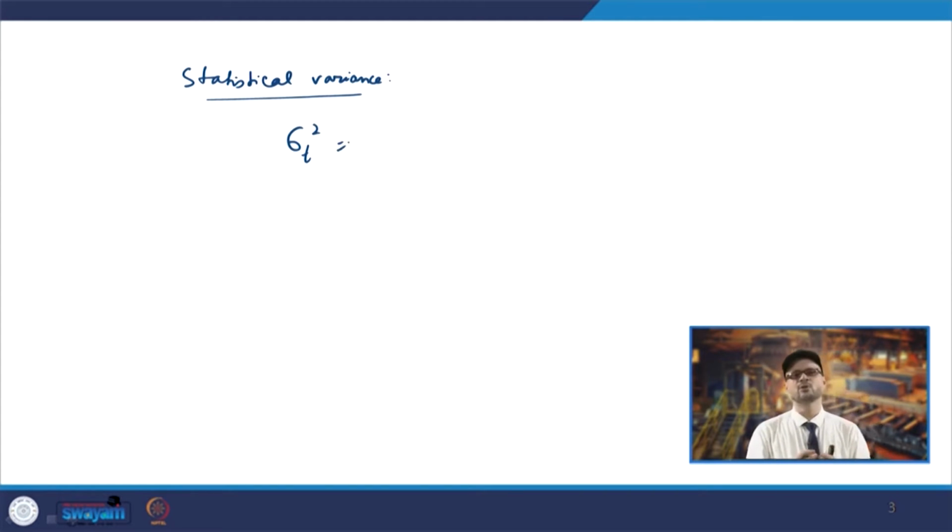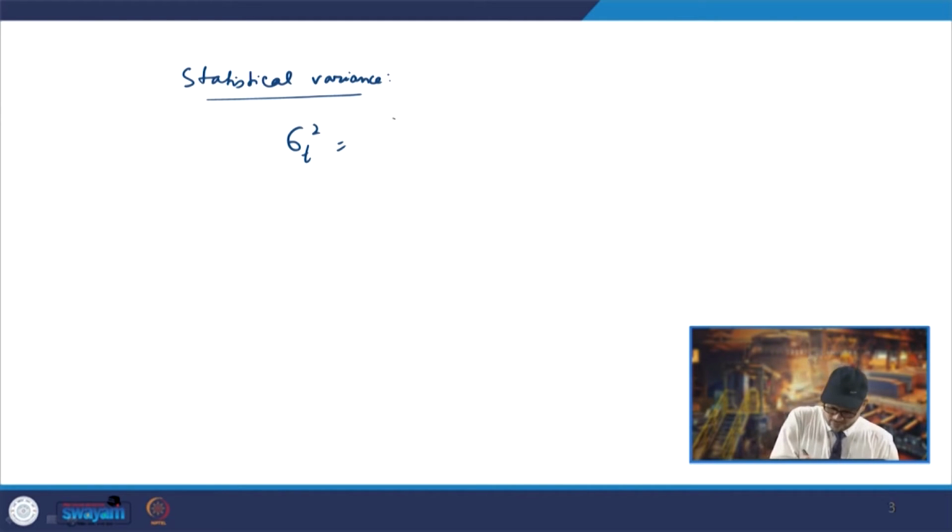As we know, we take the difference of the individual value from the mean value, square it, and then take the ratio.